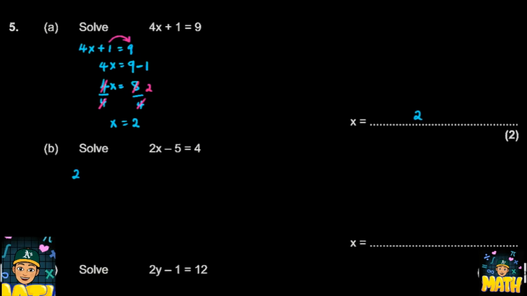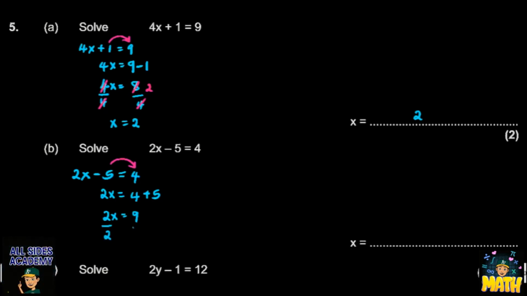Solve 2x minus 5 equals 4. I take the 5 to the other side, so I remain with 2x equals 4 plus 5. 2x equals 9. Divide then by 2 on both sides.